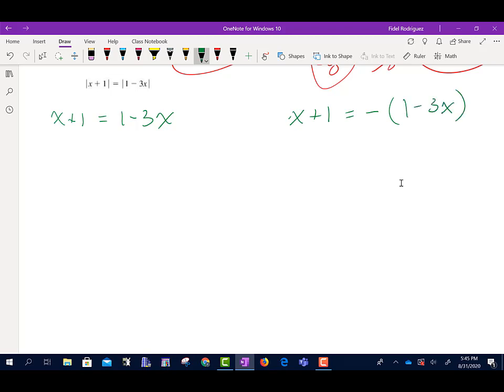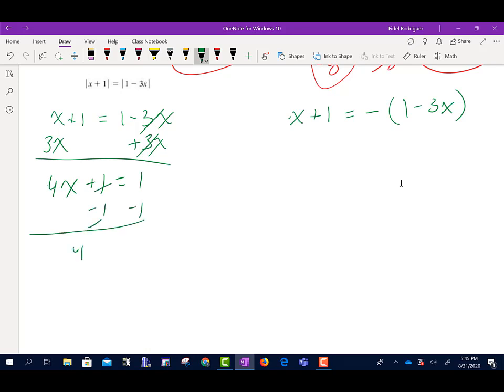Okay, so one of them was positive, one is negative. Now remember, I'm trying to get all my x's together. So I'm going to go ahead and add 3x to both sides. That's 4x plus 1 equals 1. So I'll subtract 1 on both sides. So 4x equals 0. So now I divide by 4, we get x equals 0.